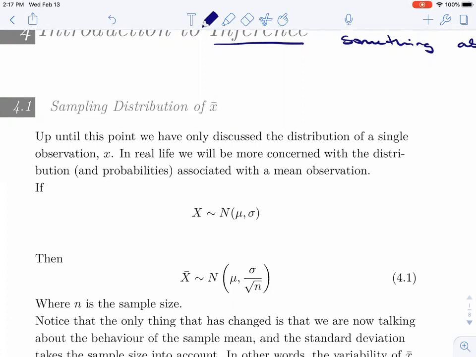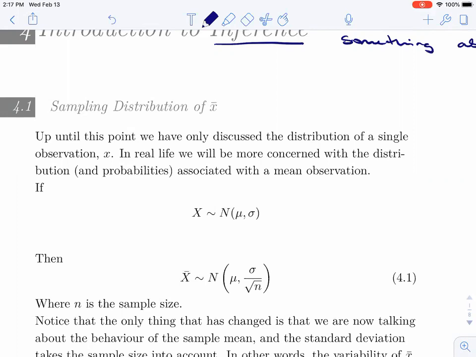If x, a single observation x, follows a normal distribution with a mean mu and a standard deviation sigma, then the sample mean from that group, a sample of size n from this group, will follow a normal distribution with a mean mu and a standard deviation of sigma over root n.